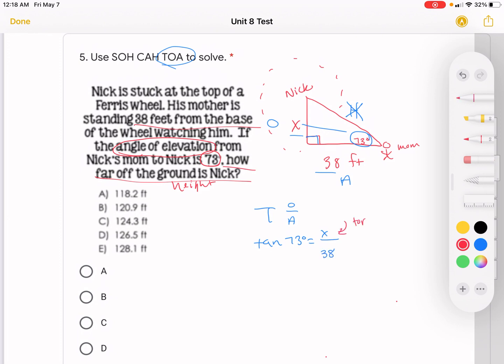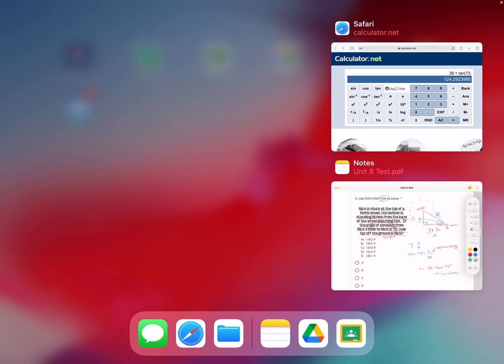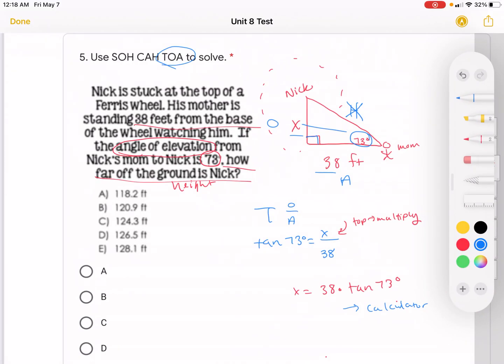X is on top, so we're going to multiply. So it's going to be 38 times tan 73 degrees. This comes out to about 124.3.